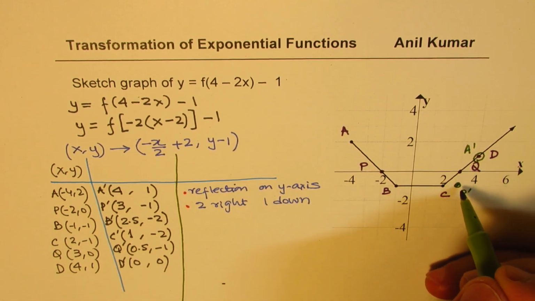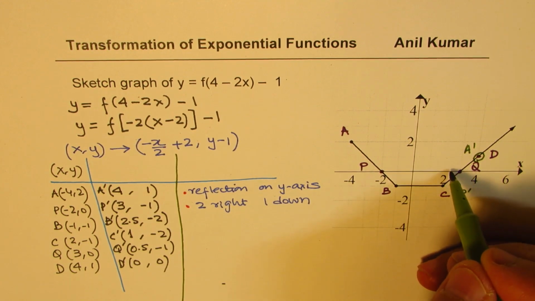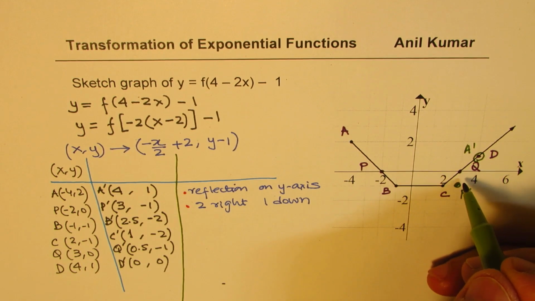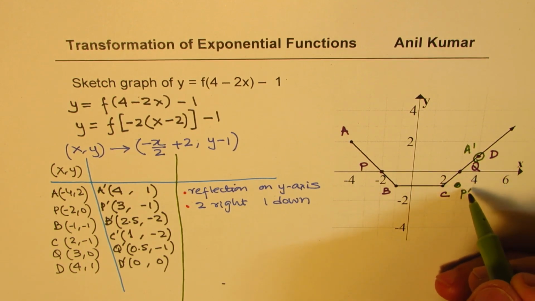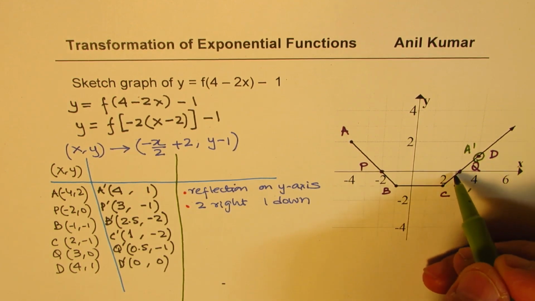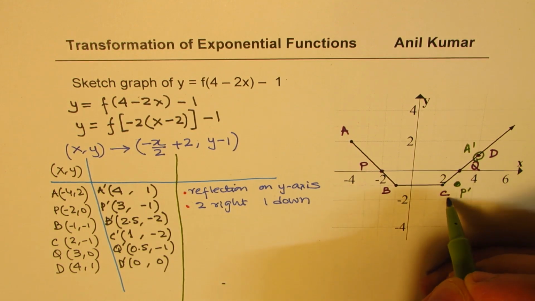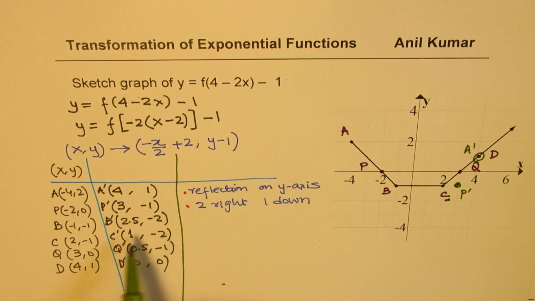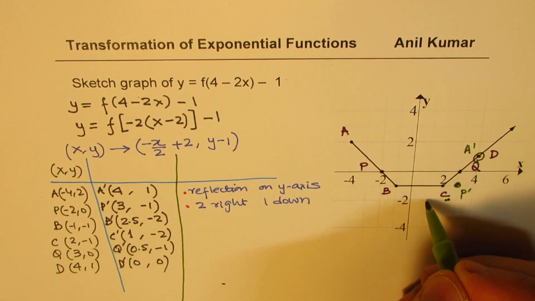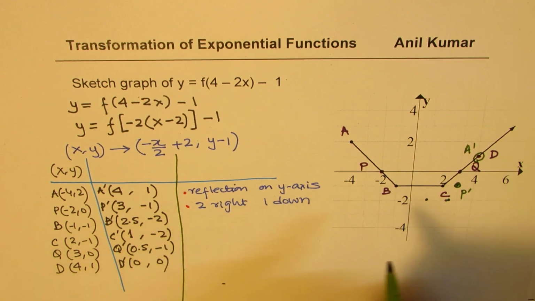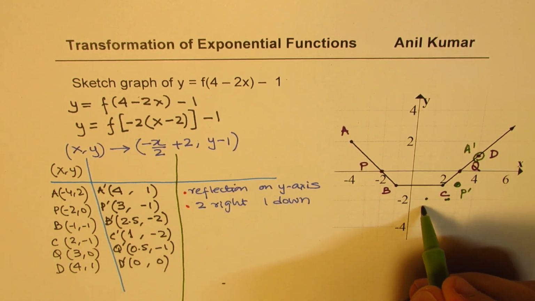So at 2.5 we get -2. So 2.5 is there and -2 will be here, right? So when you connect, this will come to this point. Then we have at 1, -2. So at 1 also it is -2. Now this point is C dash (1, -2), and B dash is this.